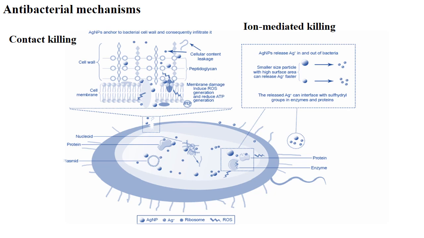Once the silver nanoparticle releases the ions, they can interact with the sulfhydryl groups in the enzymes and proteins present in the cell wall. They bind with these groups and the proteins get deactivated. Then the ions enter the cytoplasm, into the cell, and cause oxidative stress.